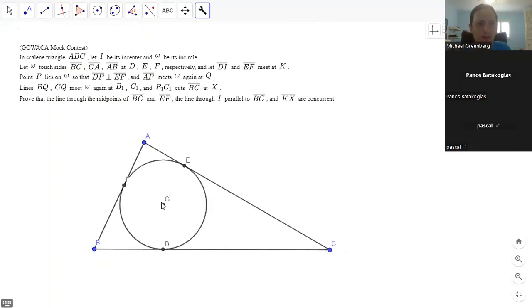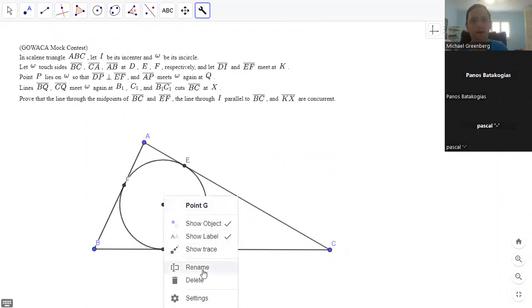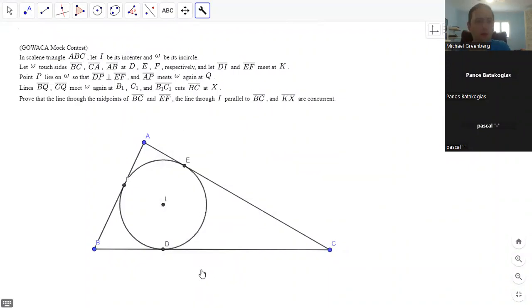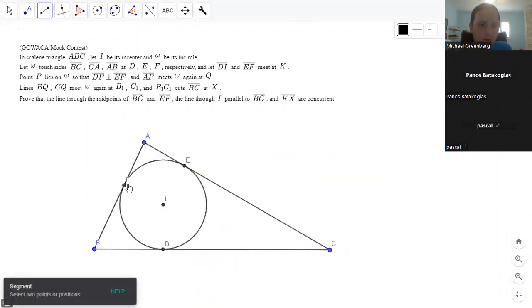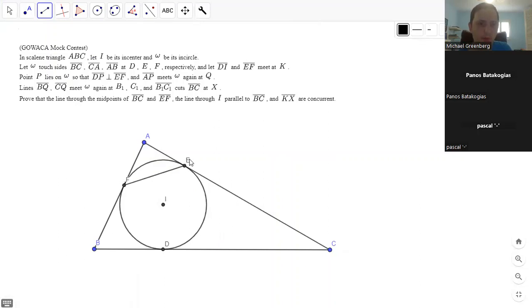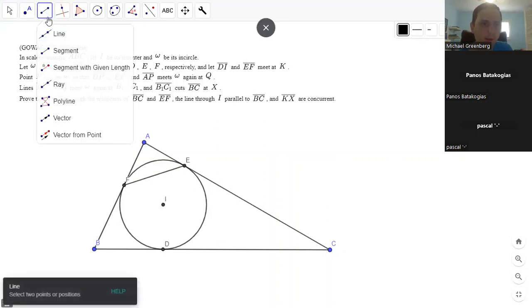We have D, E, and F, and DI and EF meet at K. So K lies on the A-median.